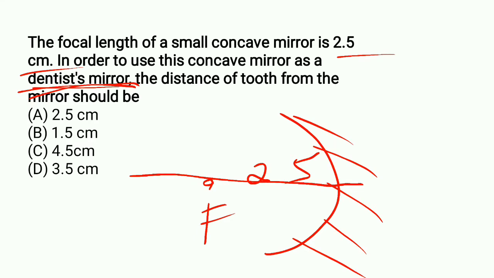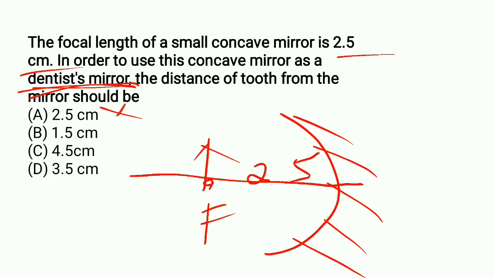Here we have 2.5 centimeter. If we keep the tooth at 2.5 centimeter from the mirror, you cannot see the enlarged image, right? You cannot keep the object at the same size. So option A is not correct.